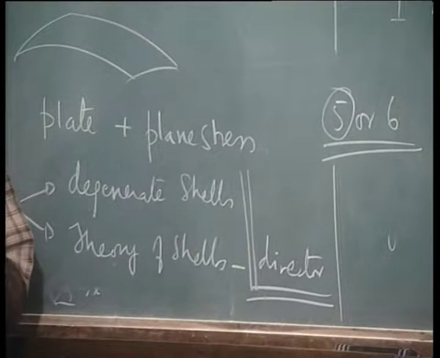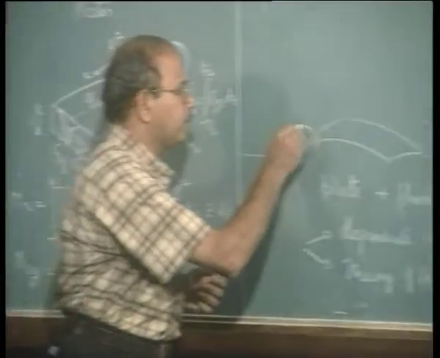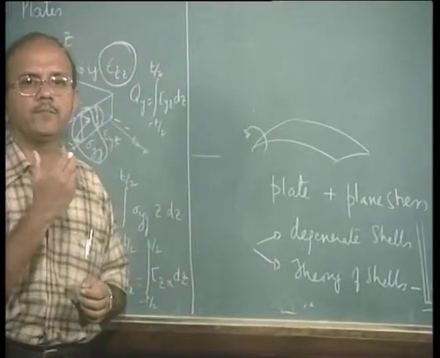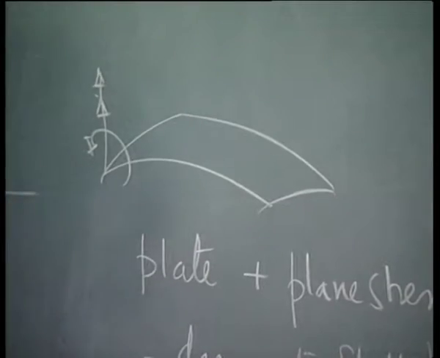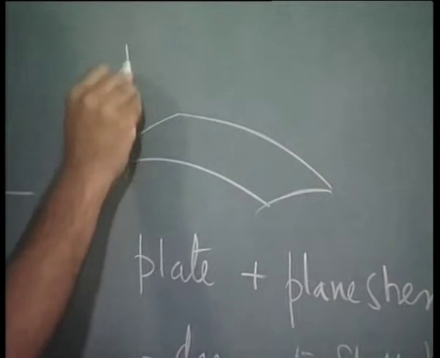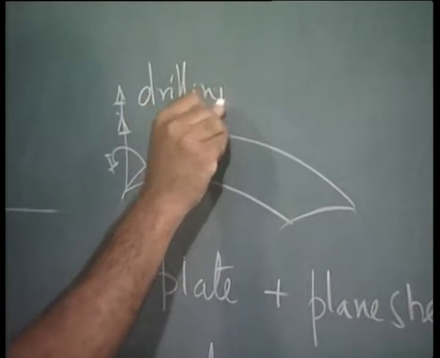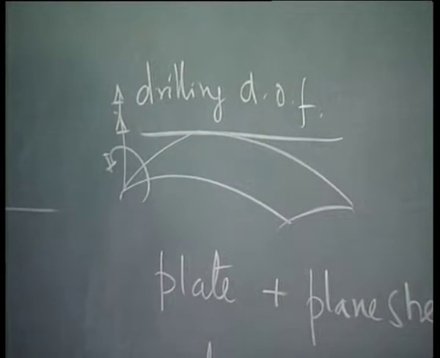What is the problem? Why are we harping on 5 and 6 degrees of freedom? The problem comes about because of the rotation that we call the drilling degree of freedom. It's important that we realize how this drilling degree of freedom is actually handled.